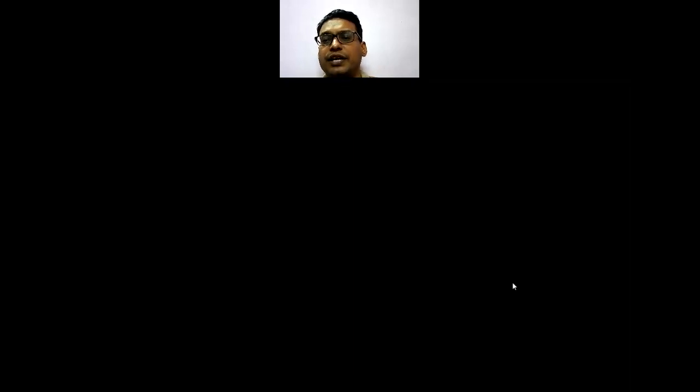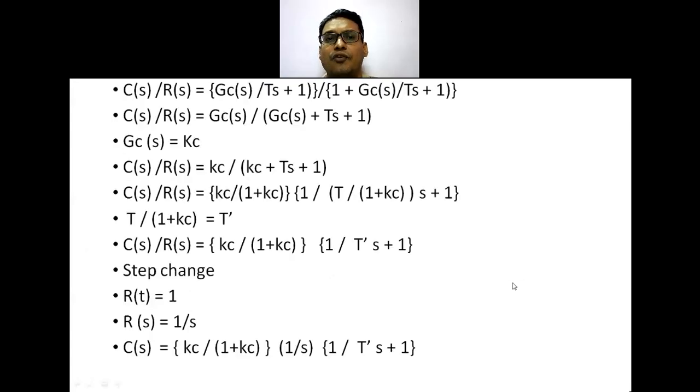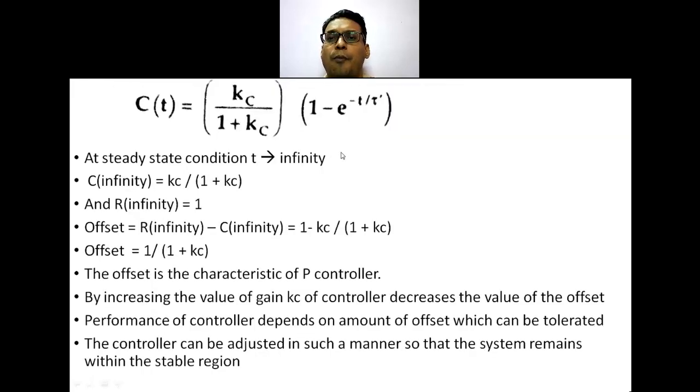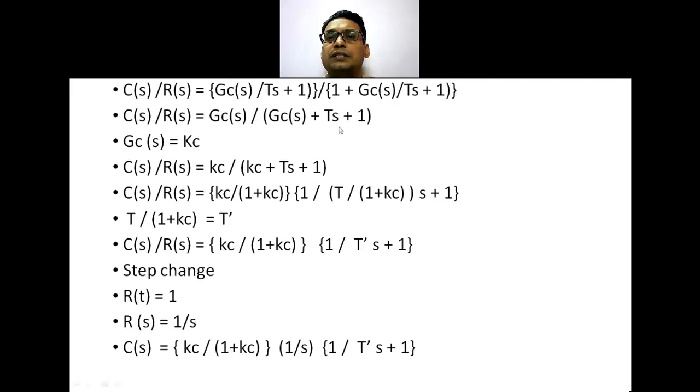So writing this in transfer function form, G(s), which is equal to C(s) upon R(s), is equal to GC of s times 1 upon tau s plus 1, that is GC of s for the controller and 1 upon 1 plus tau s for the first order system, upon 1 plus GC of s upon tau s plus 1.